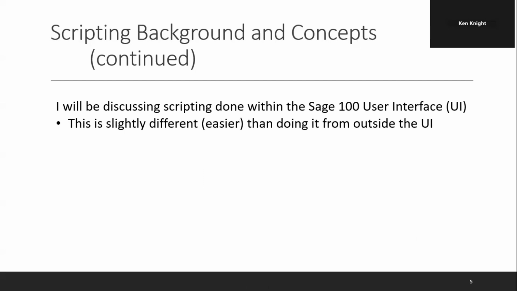You get some stuff for free, connections to different objects, certain objects themselves, like the user interface is an object, and I'll be talking about that in a moment. So doing scripting inside the user interface is different and easier than doing it from outside the user interface.